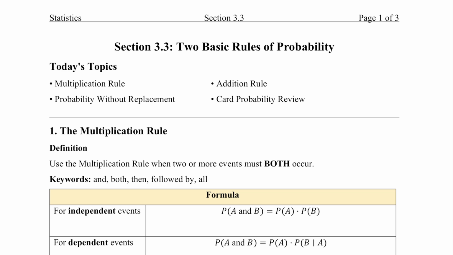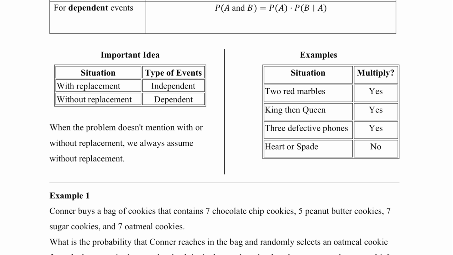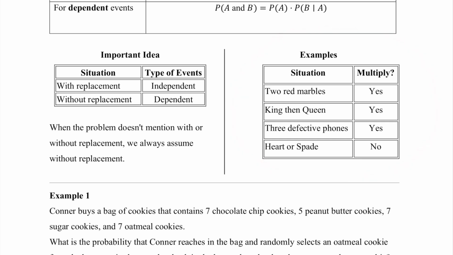Should we multiply? Take a look at this table. The first situation is drawing two red marbles. Should we multiply? Yes. Because both marbles must be red, both events must occur.